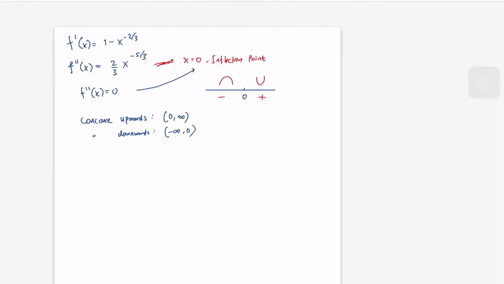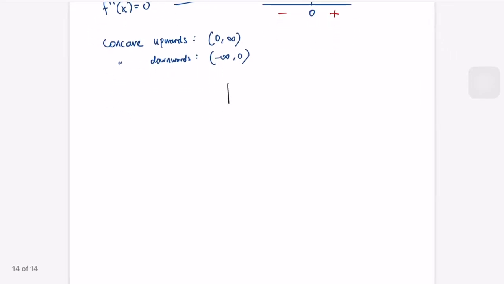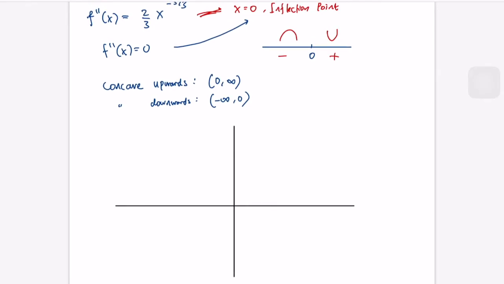I don't think this will be a complicated graph, so let's just try to graph here. Remember that in the first derivative test we have negative 1, 1, so this will be positive, negative, positive. So we can start with the intercept.